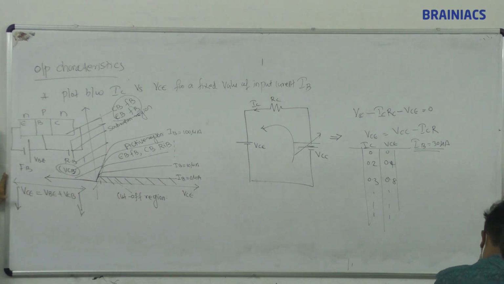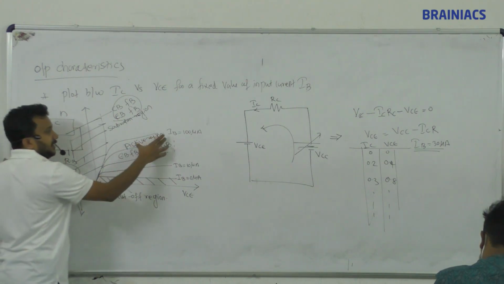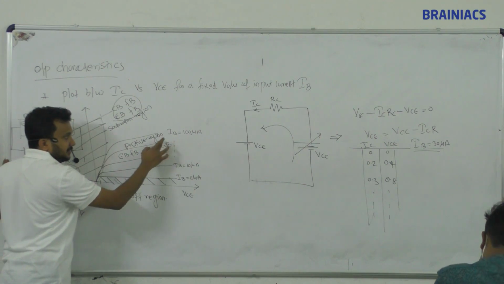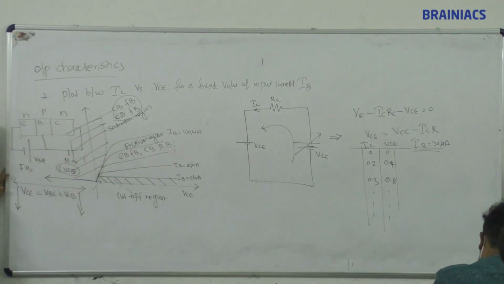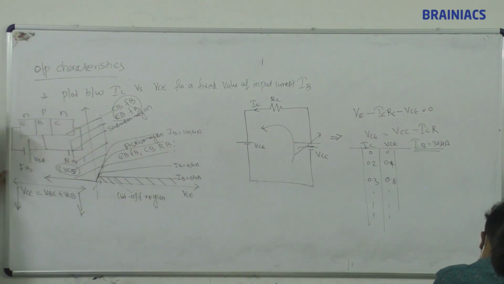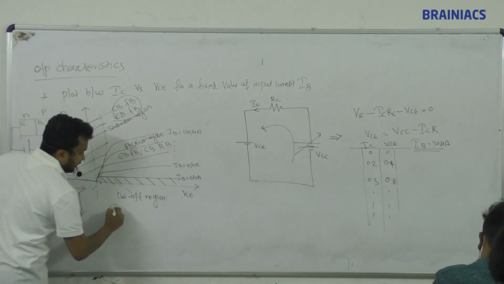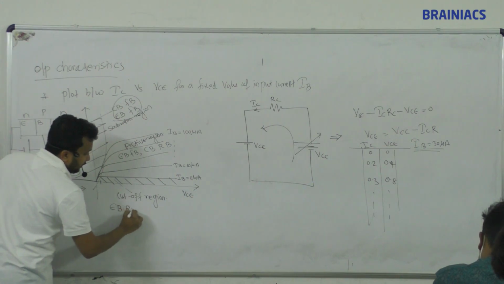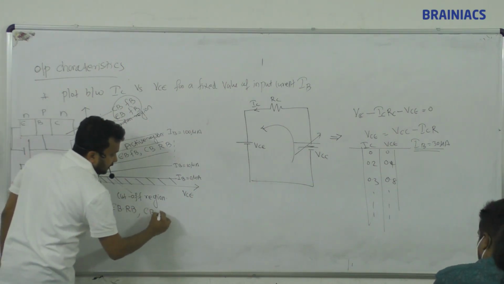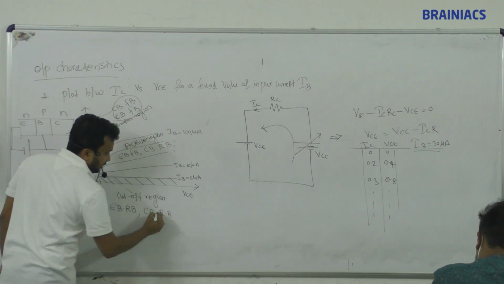In the same graph, next the active region: emitter base forward biased, collector base reverse biased. That is the active region. Below it is the cutoff region. Cutoff region means the emitter base junction is reverse biased because there is no current, and collector base is always reverse biased.